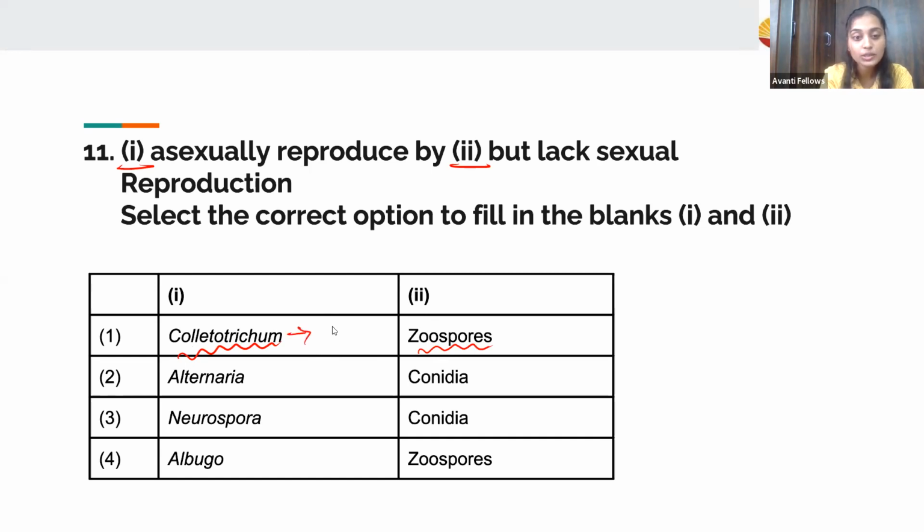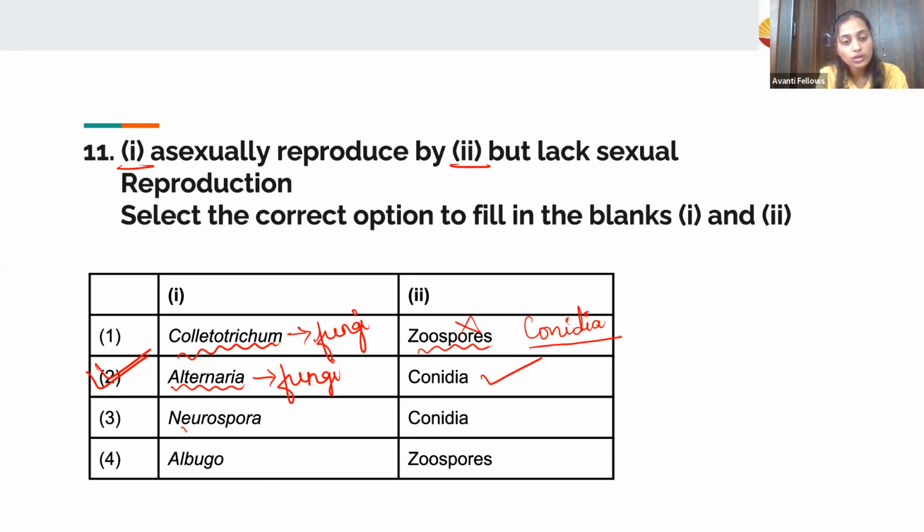This lacks sexual reproduction, yes, it is a fungus, but it reproduces asexually by producing conidia, not by zoospores. Okay, and Alternaria is again a fungus which reproduces asexually by conidia. So the correct option is option number 2. But let's see options 3 and 4 as well.